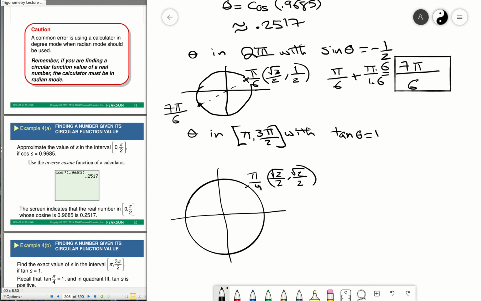Now, I wrote those in rationalized form. Previously, we saw it as 1 over radical 2 comma 1 over radical 2. Both forms are acceptable. But this time, they want us to find an angle in almost the same description as the previous one, but a little technical difference.